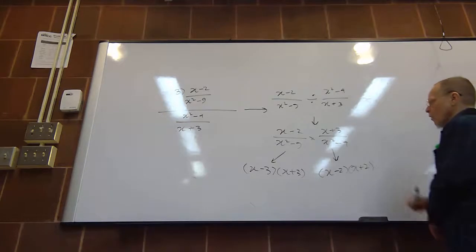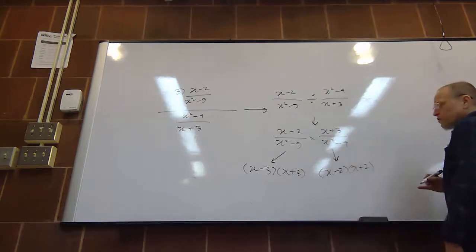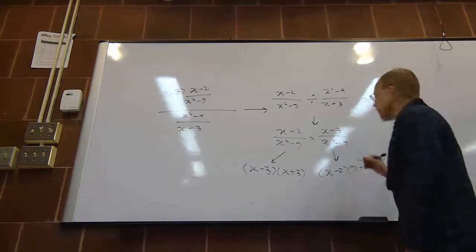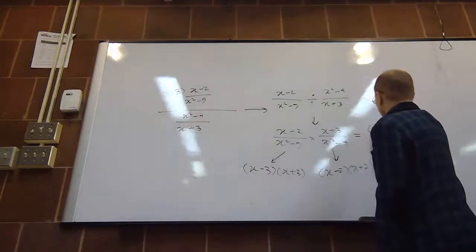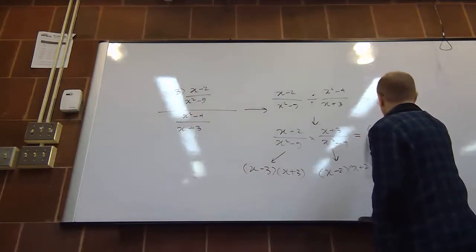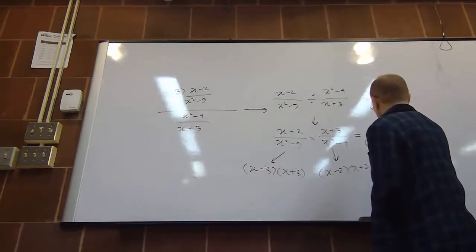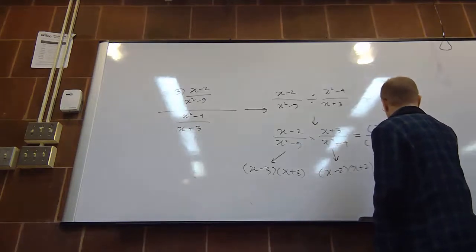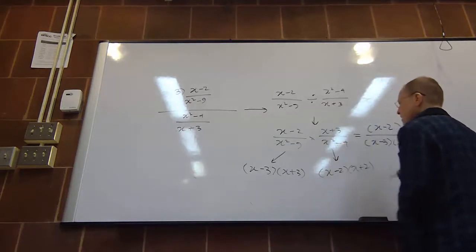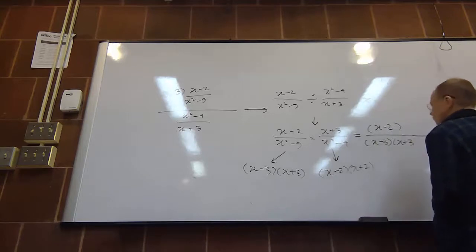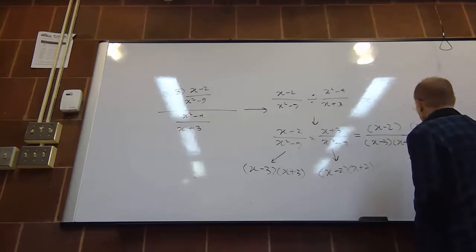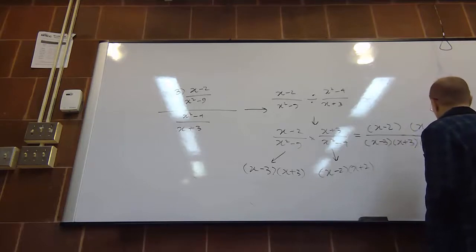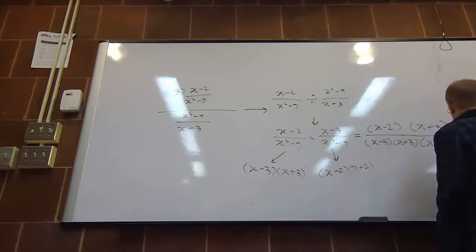So now we want to rewrite this whole thing so that we can start simplifying, and that's what we do. We go x minus 2 over x minus 3, x plus 3, and then continue this on, x plus 3 over x minus 2, x plus 2.